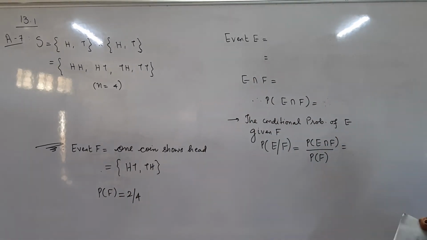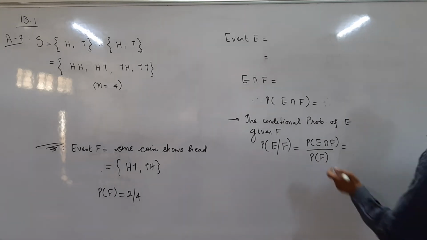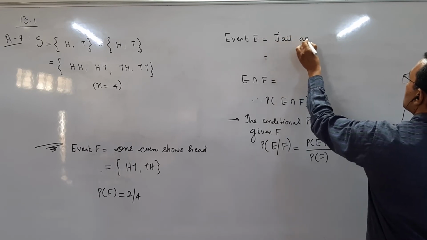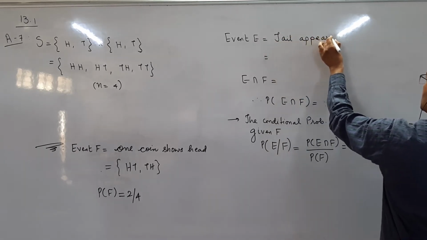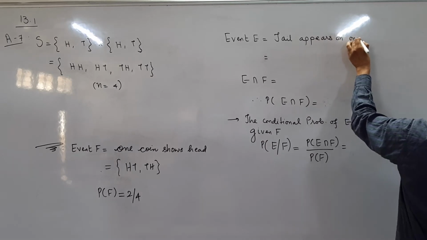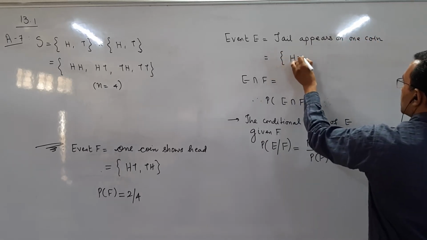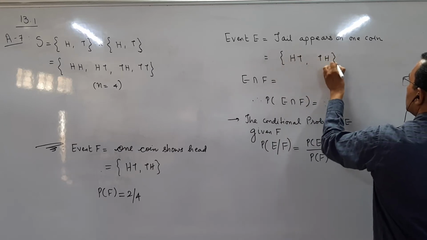or half. Event E, tail appears on one coin. So the same outputs, HT and TH.